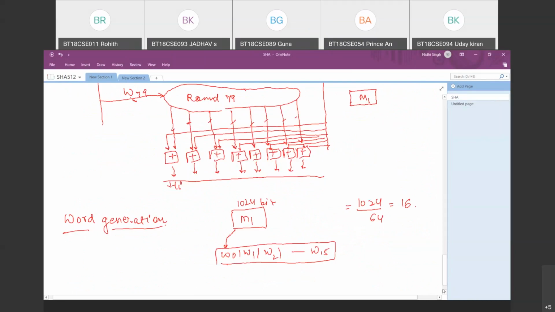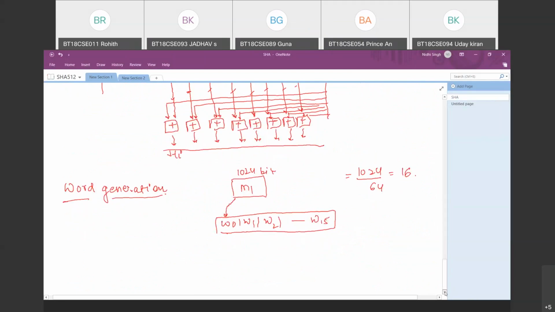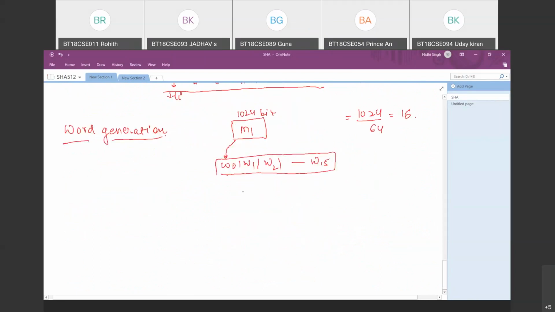Now, what is the general formula? Because from word 0 to word 15, there is no problem. But what about word 16 to word 79? So there should be some general formula.